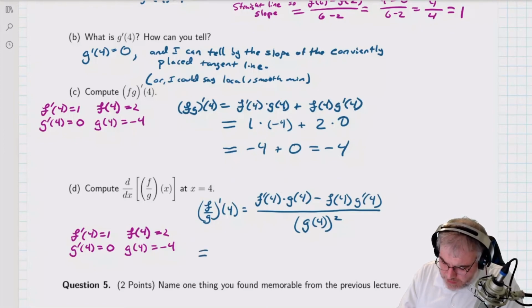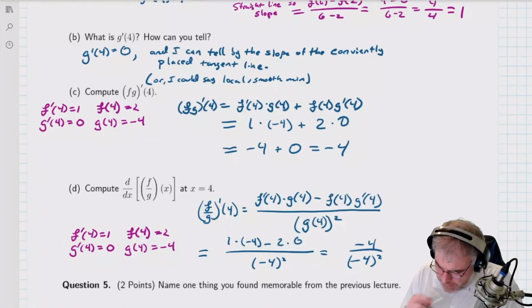So this will be 1 times -4 minus 2 times 0, all over -4 squared, which is going to be -4 over -4 squared.